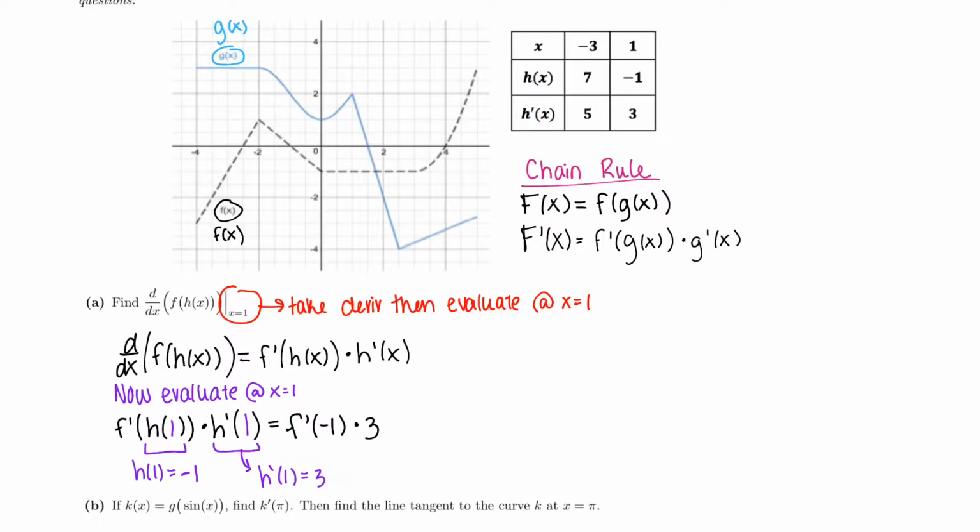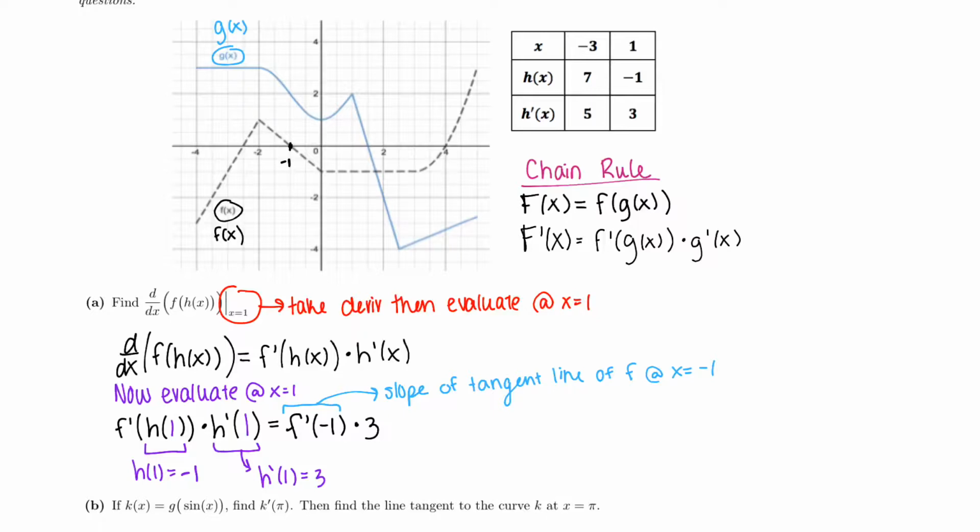We're looking at f, and we want its derivative at negative 1. And negative 1 is right here. So this is the slope of the tangent line of f at x equals negative 1. Negative 1, not positive 1, right?